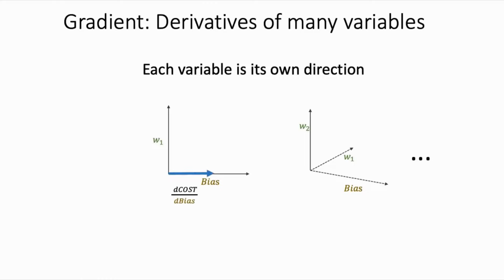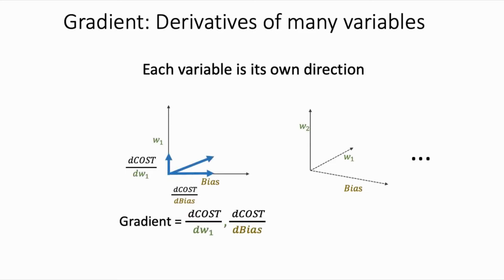Taking different size steps in different directions is equal to a single step in a combined direction, which is the direction of our gradient, which is why we talk about the gradient as having a direction. However, it can be easier just to think of the gradient as the set of individual derivatives, which are the changes we need to make for each individual variable.